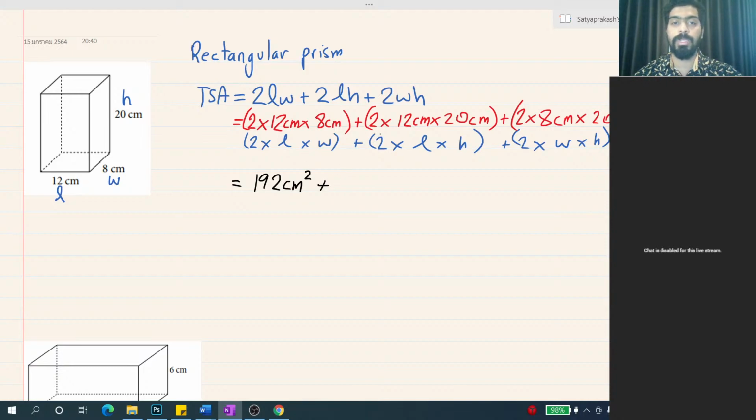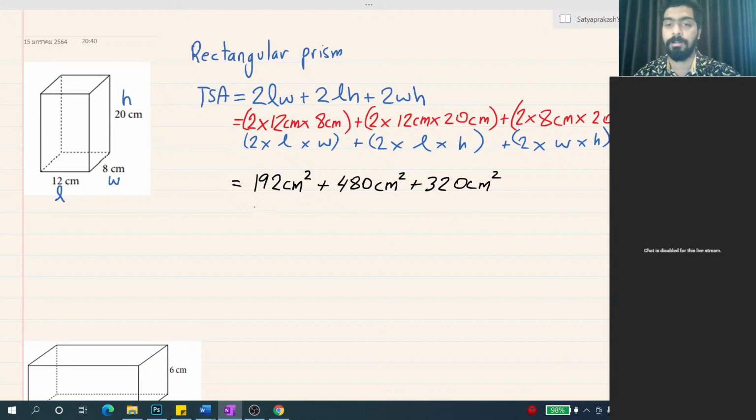For the next one, we have 2 times 12 times 20. 2 times 12 is 24, and 24 times 20 gives us 480 centimeter square. Plus, the next one is 2 times 8 times 20, where 2 times 8 is 16, and 16 times 20 gives us 320 centimeter square.